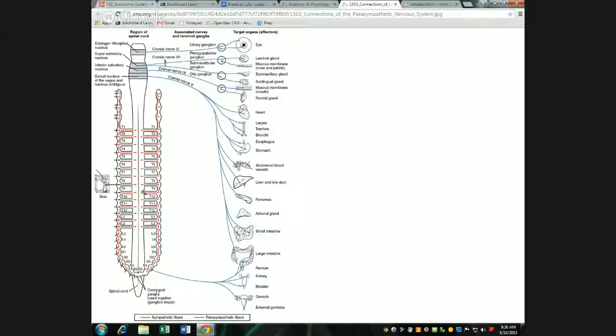The only way you know what to do, to beat faster or to beat slower, is based on which chemical is released onto you. You have receptors for norepinephrine, and you have receptors for acetylcholine. Whichever chemical is released binds to its receptor and causes the heart to increase or decrease activity. That's the connection there.